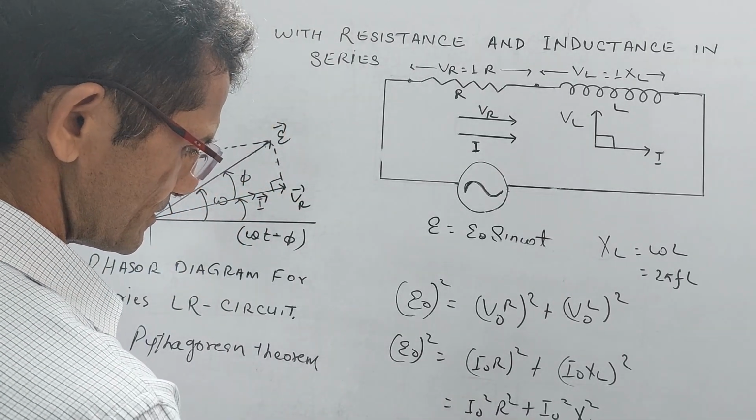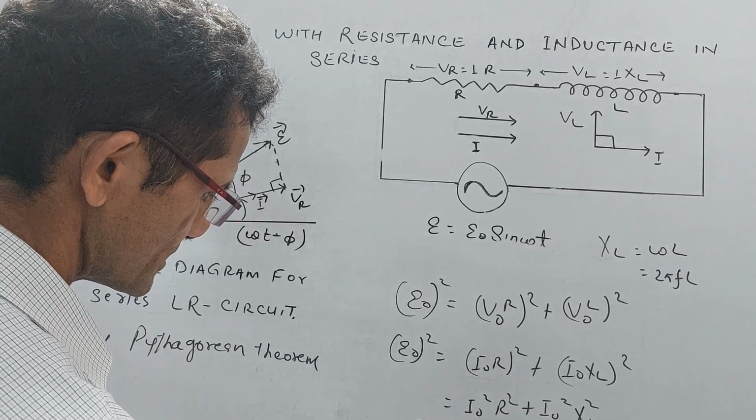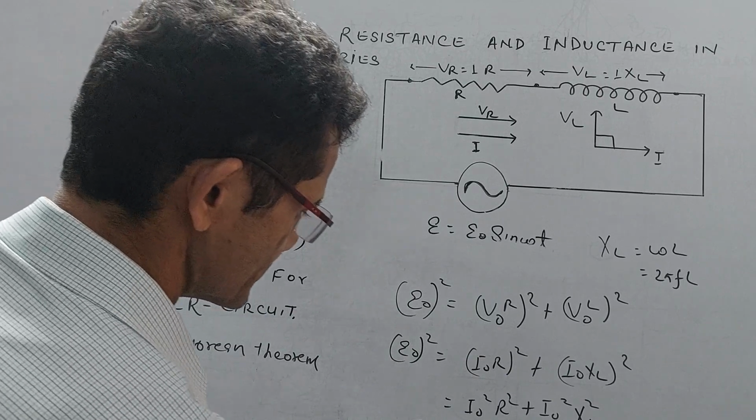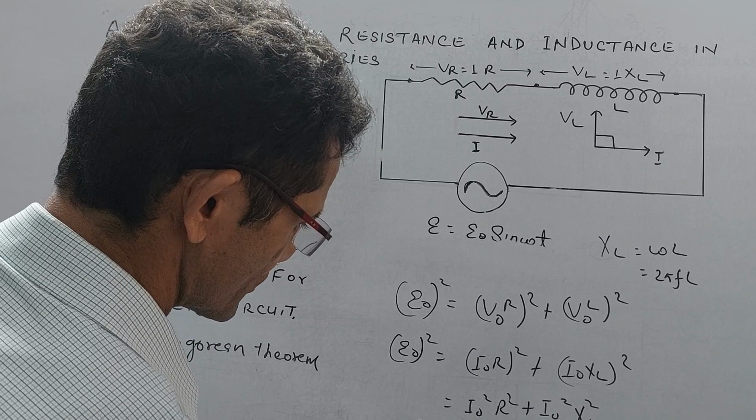From here, I naught square becomes E naught square divided by R square plus square of XL.